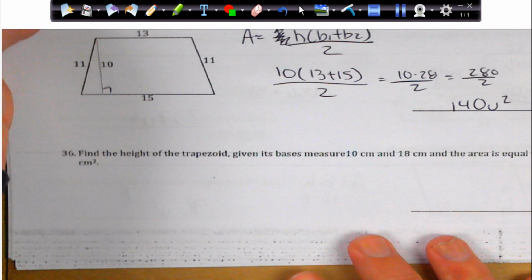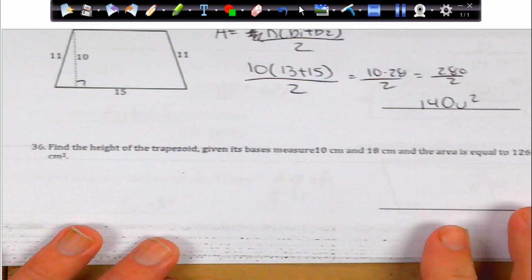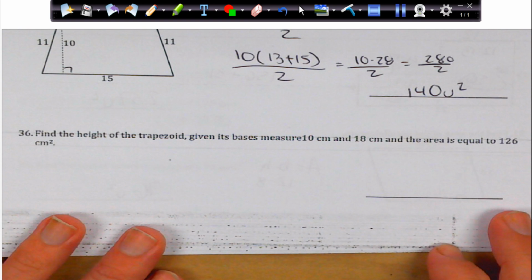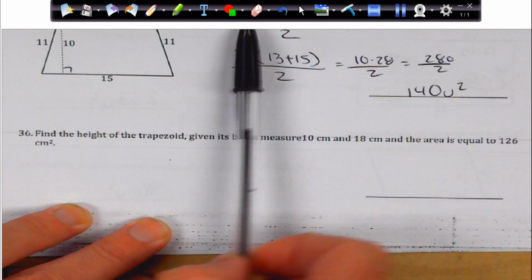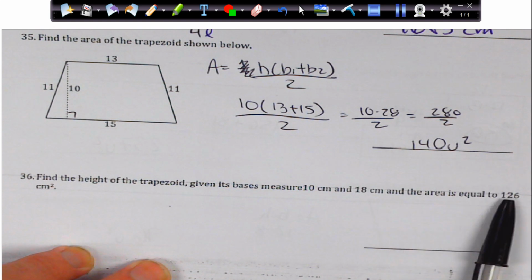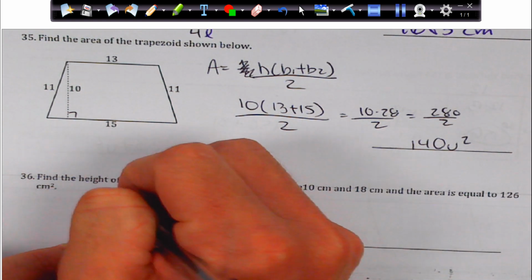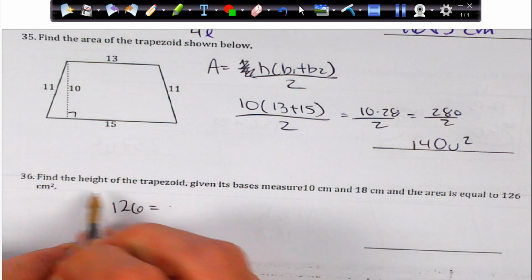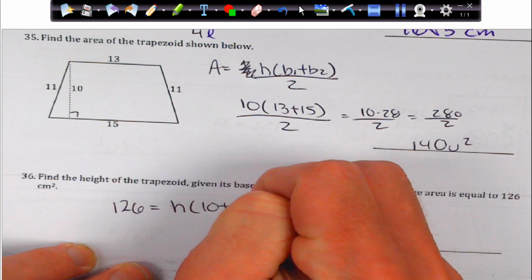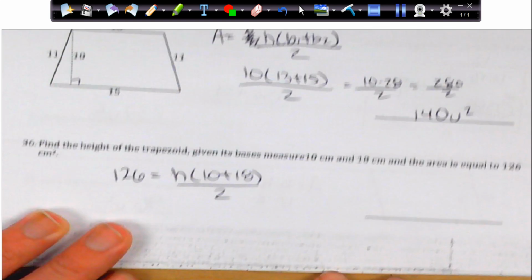Okay, I might stop here on part 1. Find the height of the trapezoid given its base measurements 10, 18, the area is 126. So if we have the formula right here, I'm going to fill in everything I have. So 126 is the area, so I actually have the A. Find the height, that means I don't have the height. I have the bases of 10 plus 18, and I have to divide by 2. So I just have to solve for this.